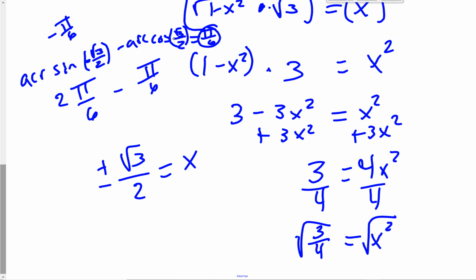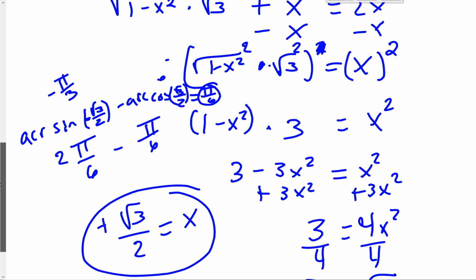Negative root 3 over 2 is all the way at 5 pi sixth. So this is negative pi thirds, and this one would be a negative 5 pi sixth. So that's not going to work out. So only the positive one's going to work.